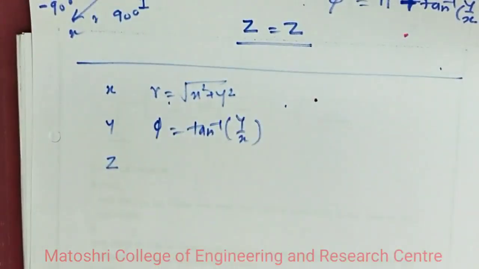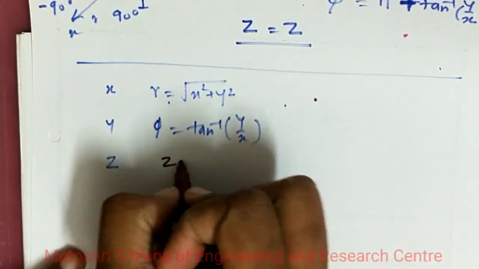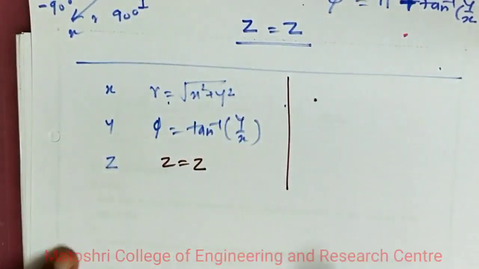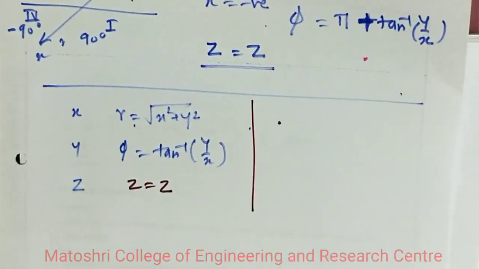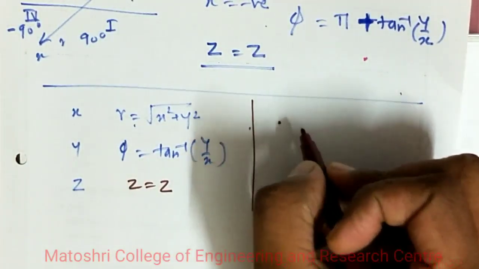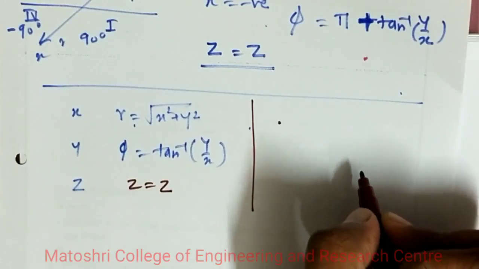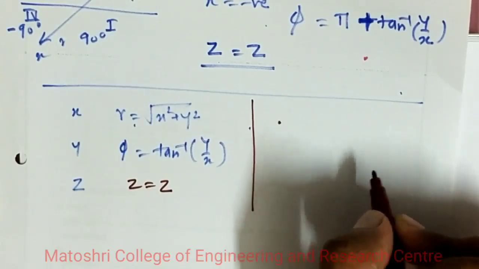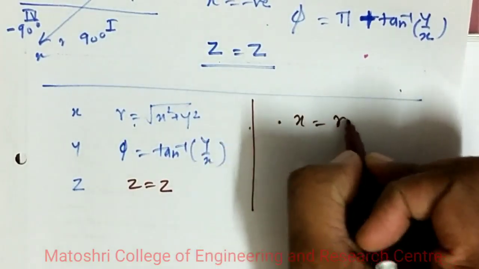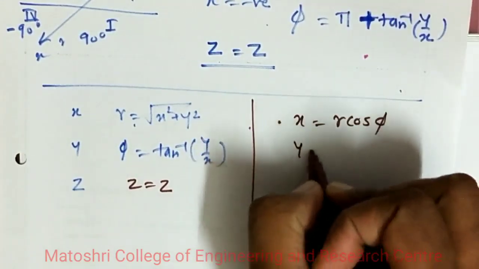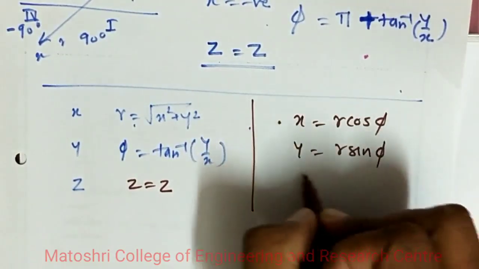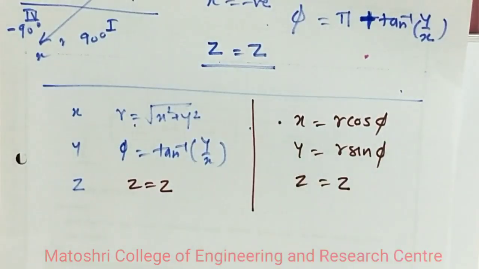Optionally, if x is negative, then we go for pi plus tan inverse of y by x. Z coordinate is the same as z. This is the interconversion between the coordinate systems. But if you have the cylindrical coordinate components r, phi, z, then find x as r cos phi, y is r sin phi, and the z coordinate remains as it is. So this is the conversion between the coordinate systems.